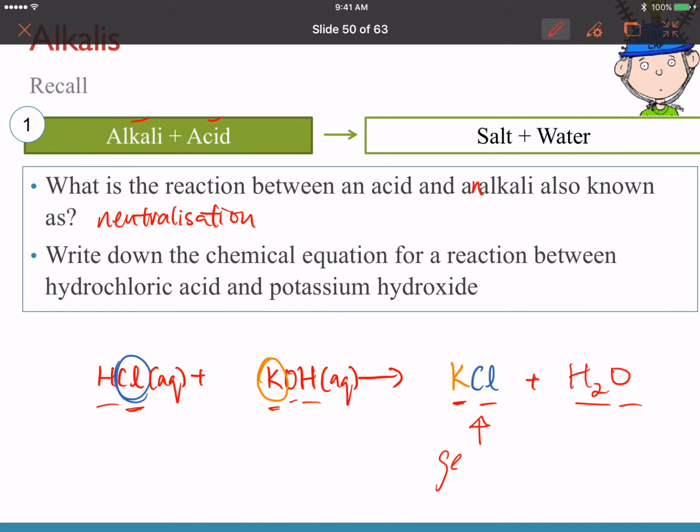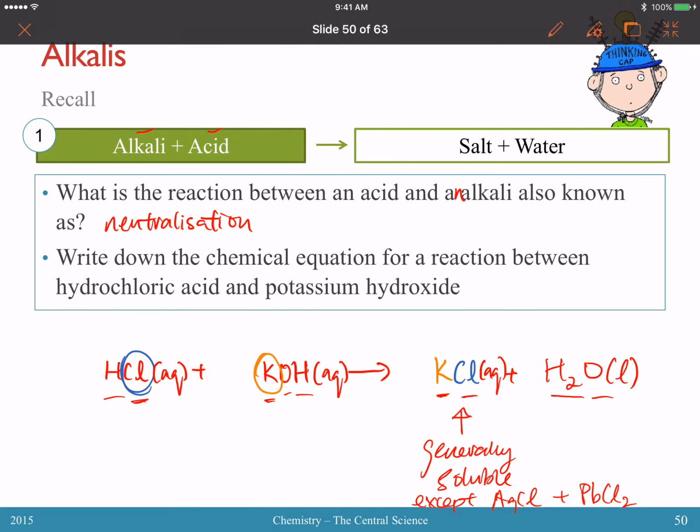They are generally soluble except for silver chloride and lead chloride. So this is a soluble salt, it will be in aqueous state. And water is always in liquid state.